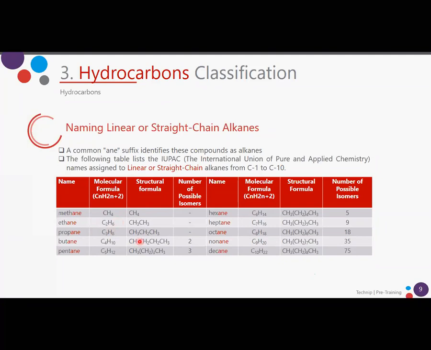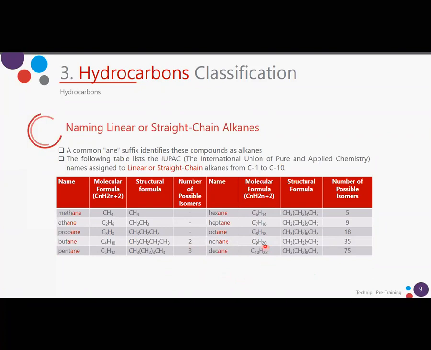We have propane with its 3 carbons and 8 hydrogens. We have butane with 4 carbons and 10 hydrogens. We have pentane with 5 carbons and 12 hydrogens. As you can see, from butane you can have another way to put these 4 carbons and 10 hydrogens, so you have 2 possible isomers. For pentane, you will have 3 possible isomers.